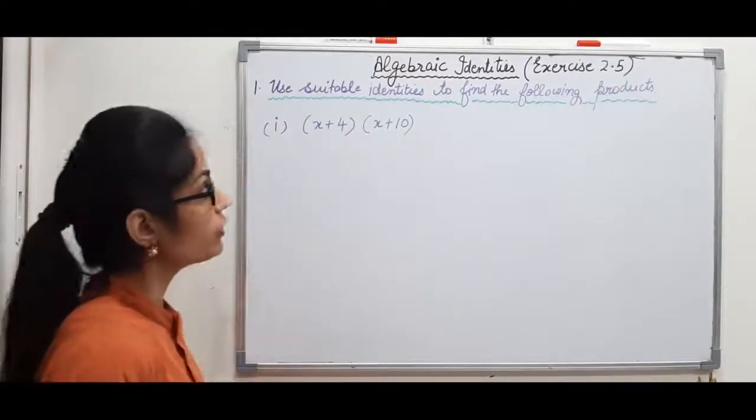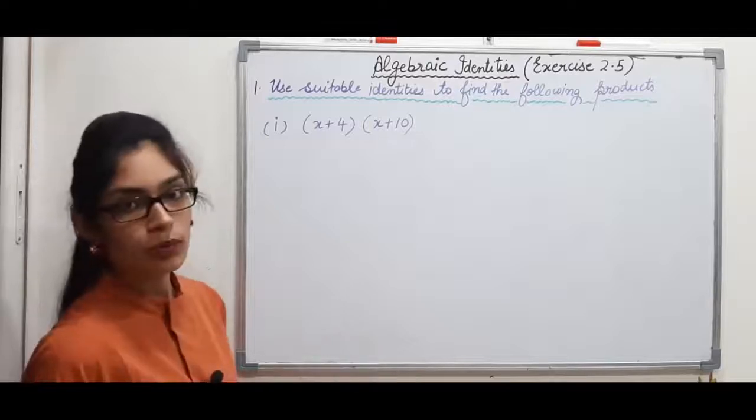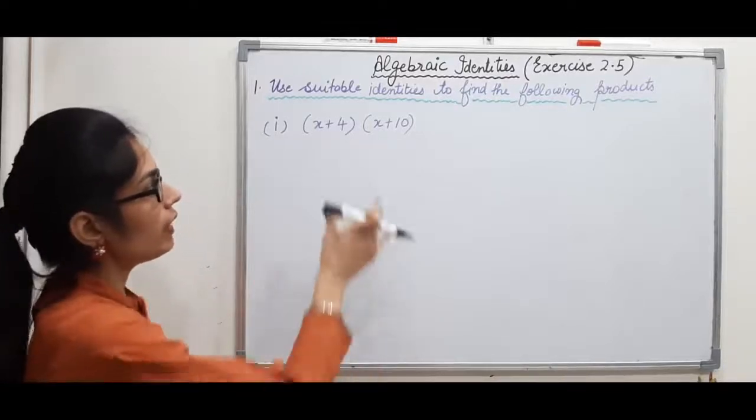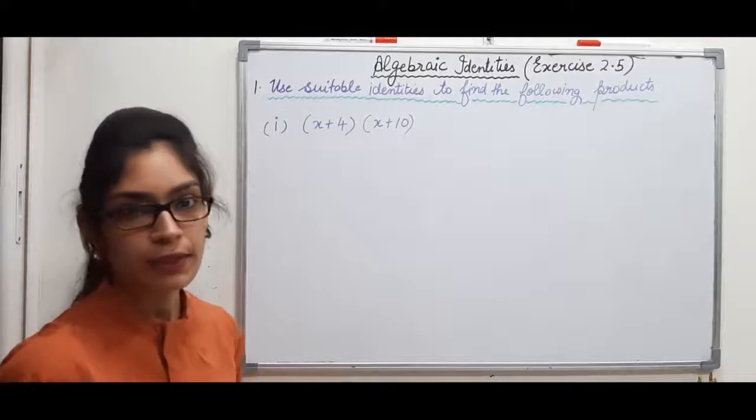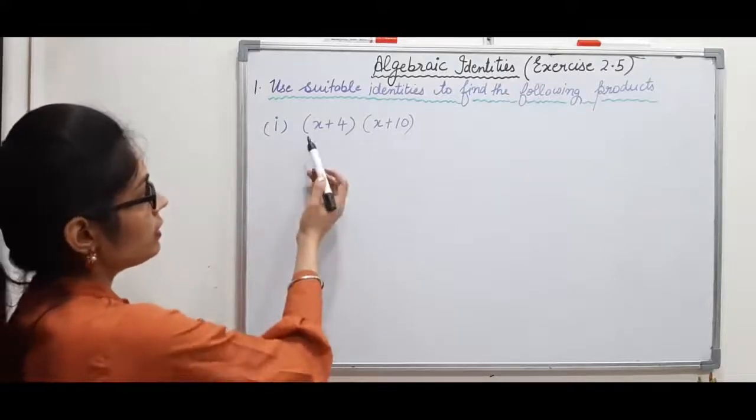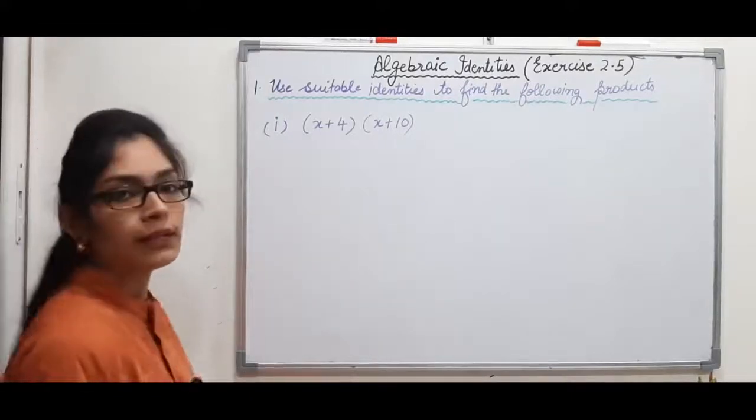In the first question we have to use suitable identities and find the product of the given expressions. The first expression is (x plus 4) into (x plus 10).